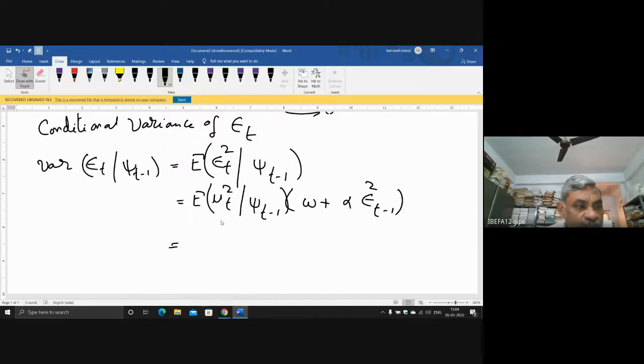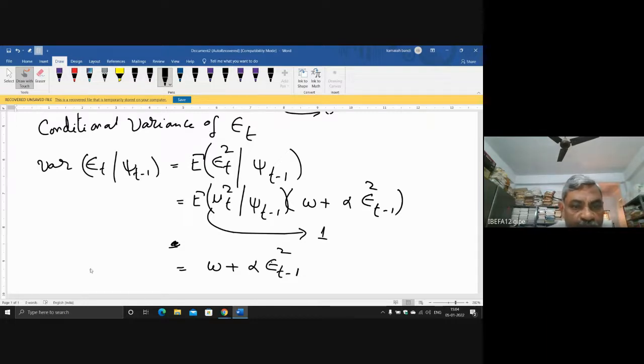And how much is this factor? This factor is nothing but unity by assumption. Then it simply becomes omega plus alpha epsilon t minus 1 square. So this is what we have shown earlier.